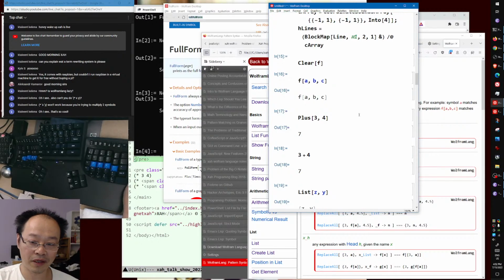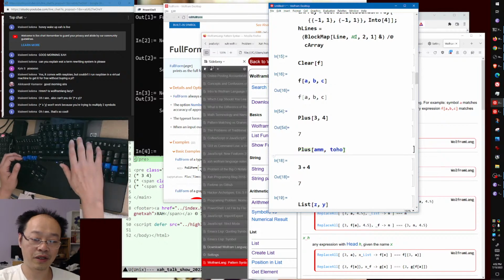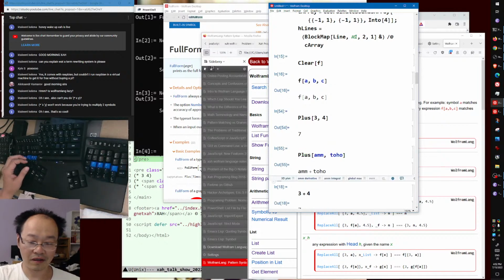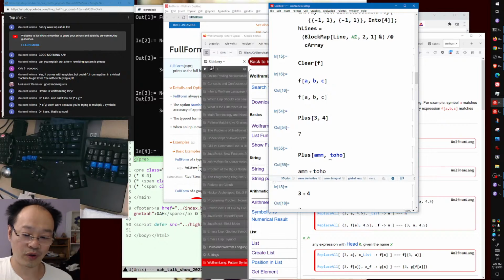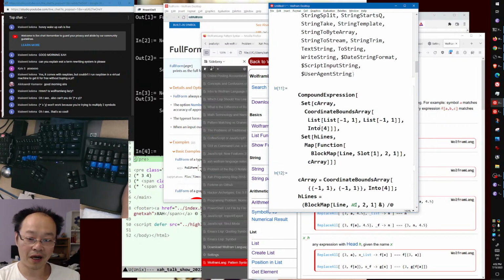If you have numbers, it returns numerical results. If you have symbols, it returns a symbolic result. All expressions are symbolic.